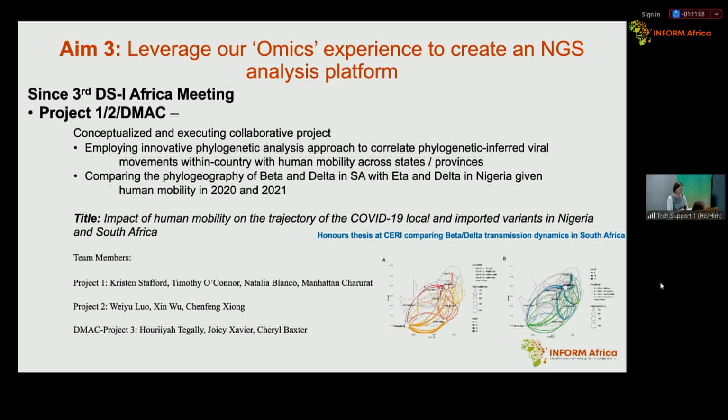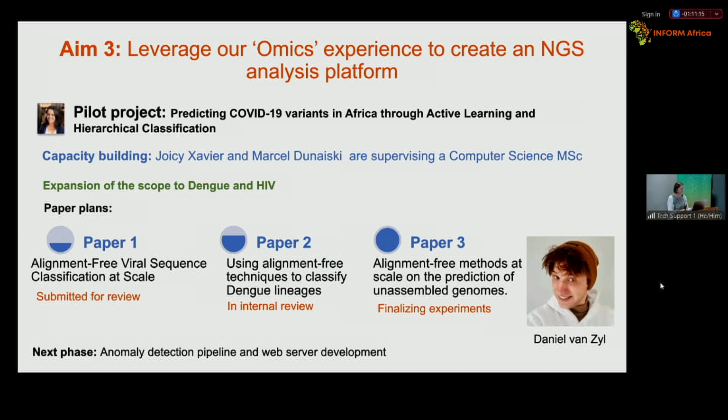This is an ongoing project that we are all working on. Joycey will speak about her pilot project, but I think it will be quite important for pandemic preparedness. I'm wrapping up.